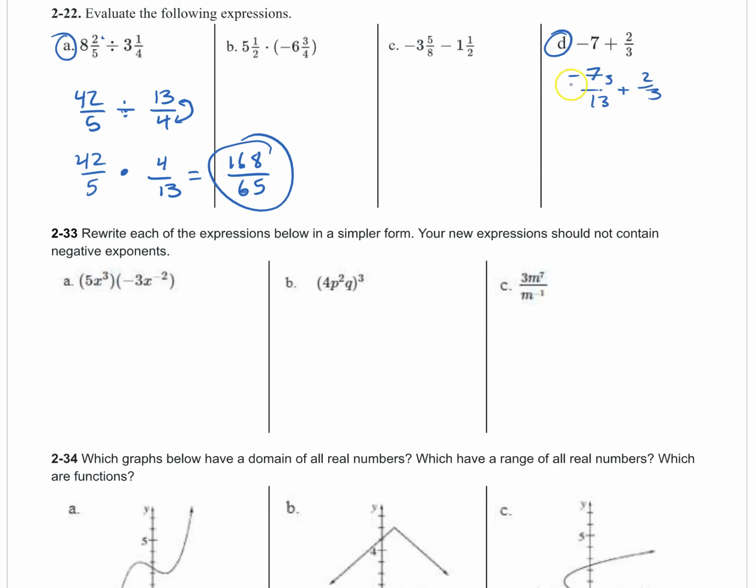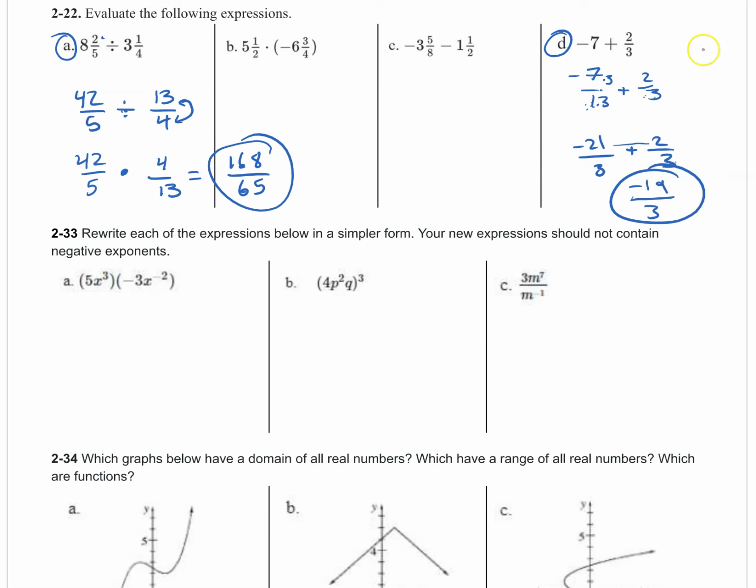Negative 7 just of this fraction. So negative 7 times 3 is negative 21 over 1 times 3 is 3. Okay, so then we become that, and now that they have a common denominator, that was the problem before, there was no common denominator. So we've got a common denominator of 3, so we just add straight across the top. So what is it over 3? It is negative 19 over 3.